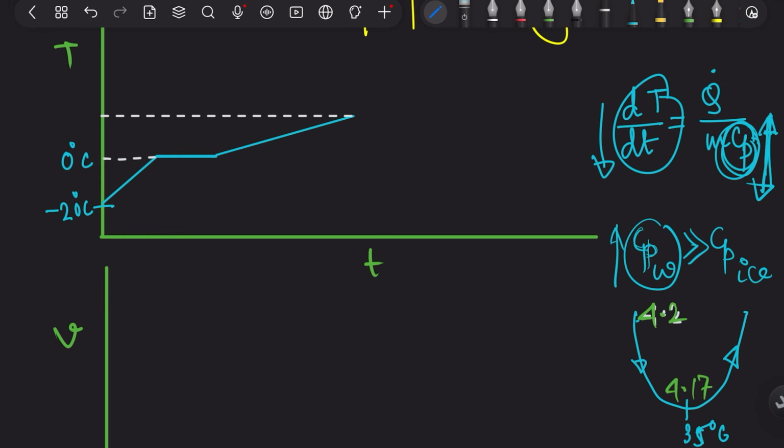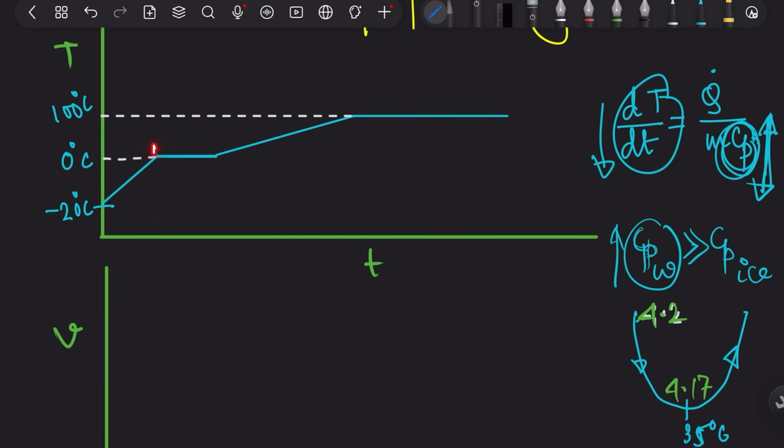if it reaches 100 degrees Celsius, after that again there will be a plateau. Then it converts to steam, and then again a sharp rise in temperature. Let me tell you one more thing, this length of the plateau should be less than this length of the plateau. Why?